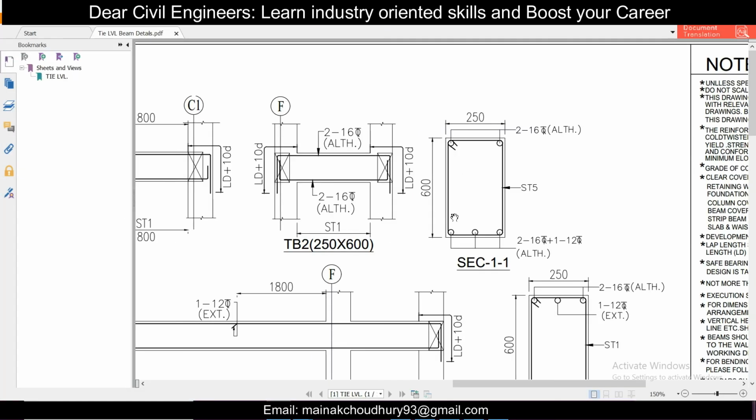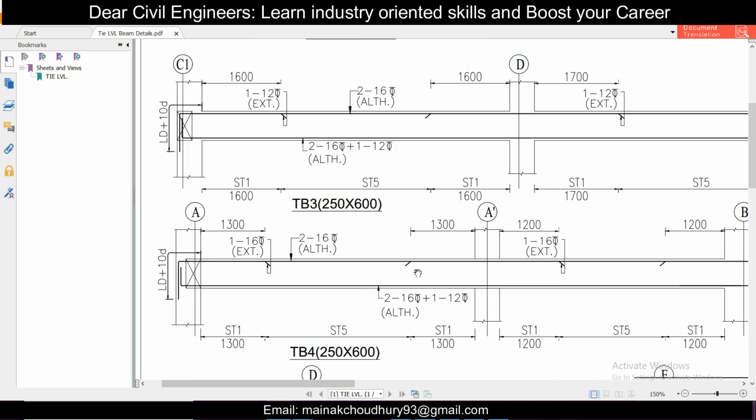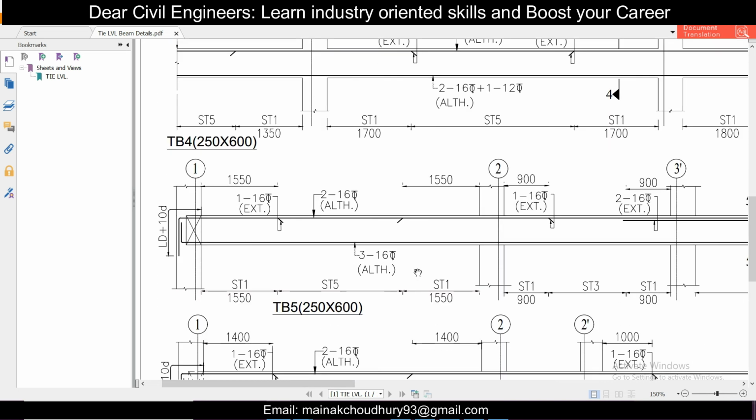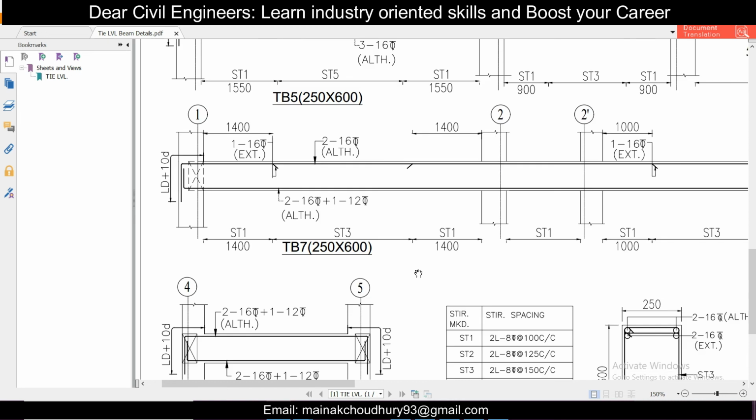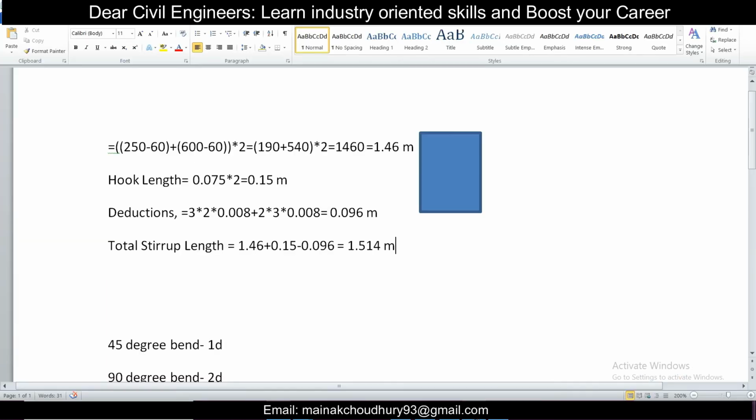If you want to calculate the number of stirrups in a particular length, you can easily calculate using the spacing. Suppose the beam has a length of, let's say, 1 meter. ST5 is 8 mm bars placed at a center to center distance of 200.